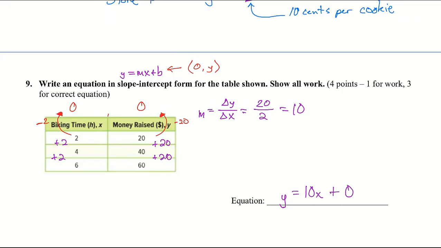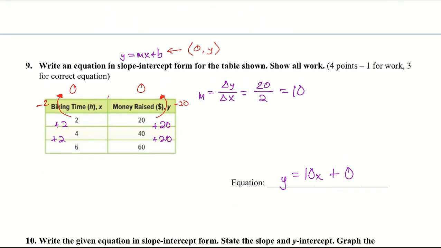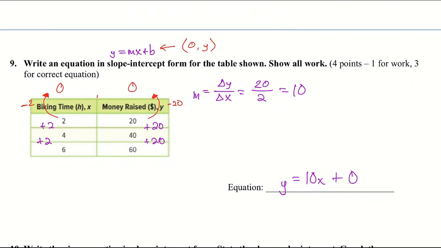The other way to do it, which like I said involves a little bit more math, is knowing that your x value has to be 0. So what you can do is use the equation that we have, y equals 10x plus whatever your y-intercept is. But it wants us to say, let me make sure I got this right.